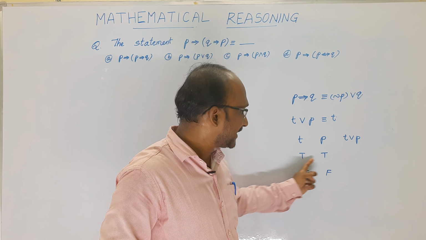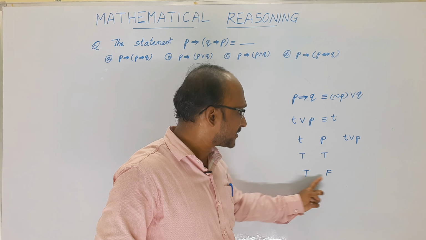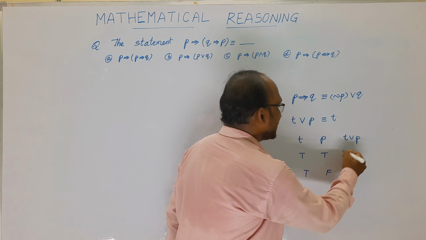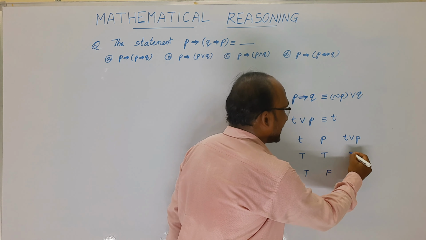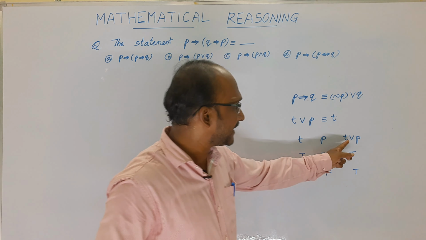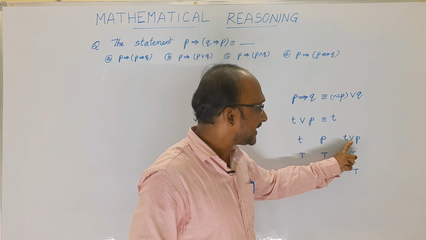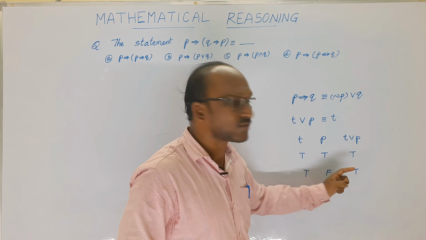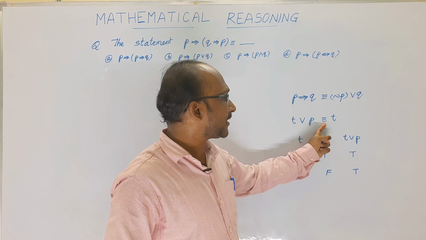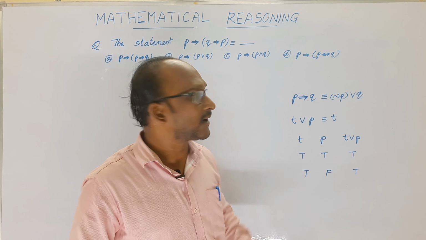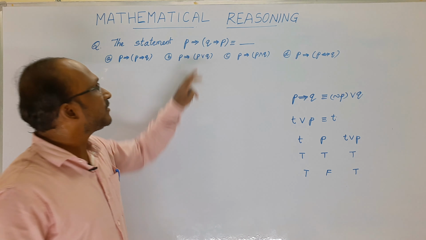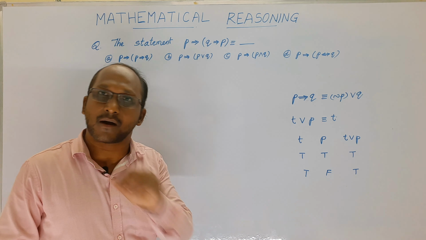But here there is no case in which both the statements are false. That's why here T or T is T, T or F is also T. So like that here the statement T or P is always true statement. That's why we can say that T or P is always T. Now by using these two results we can easily find out its equivalent compound statement.